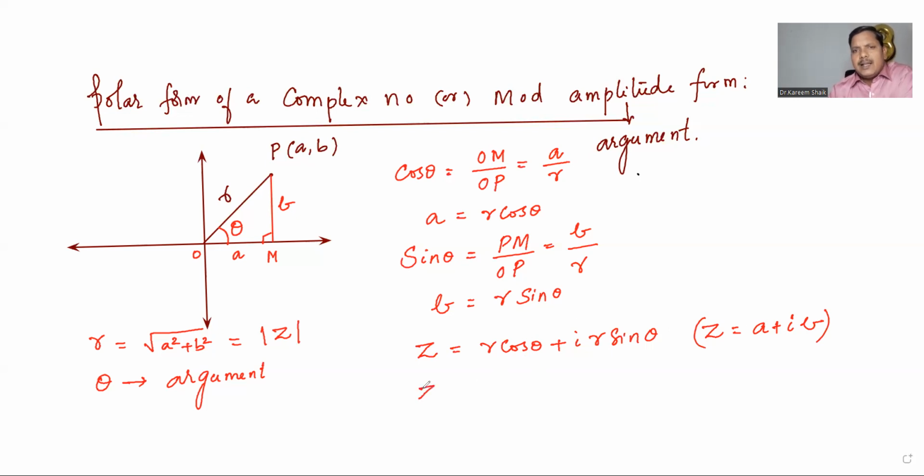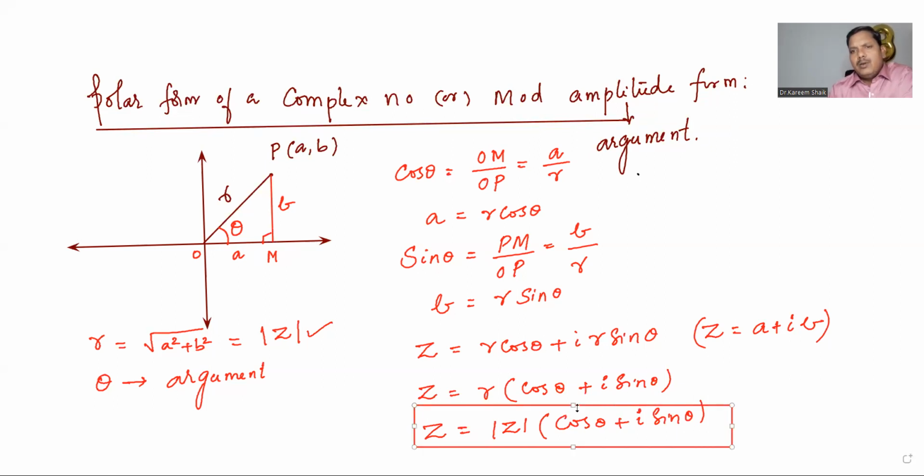Can I write it as z equals, if I take r common, I will get cos theta plus iota sin theta. But r equals what? Modulus z. So can I write it as z equals modulus z times cos theta plus iota sin theta? This is the polar form of a complex number. I hope it's clear.